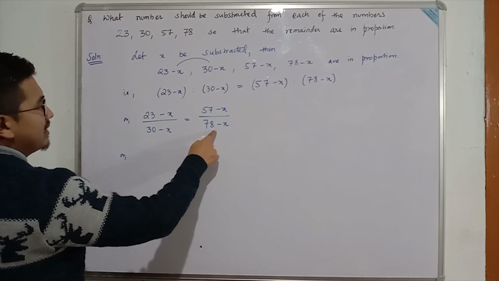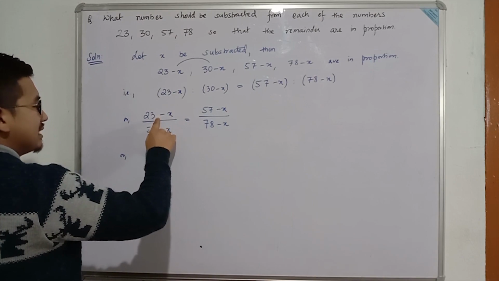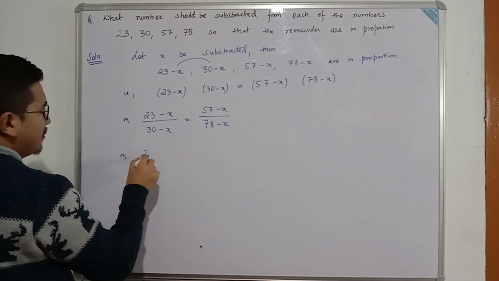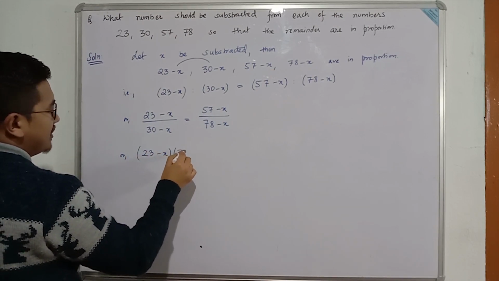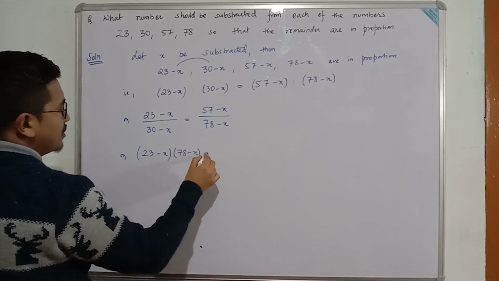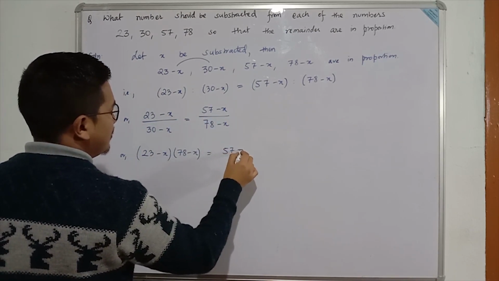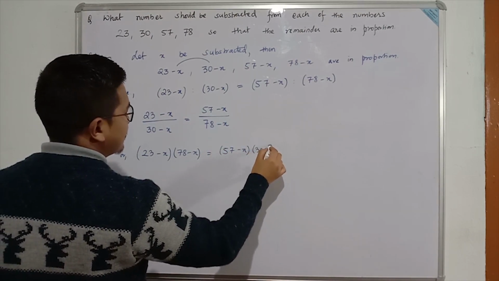Now cross multiply this: 78 minus x should multiply 23 minus x, and 30 minus x should multiply 57 minus x. So we'll have 23 minus x into 78 minus x on one side, and the same thing with 57 minus x and 30 minus x on the other.